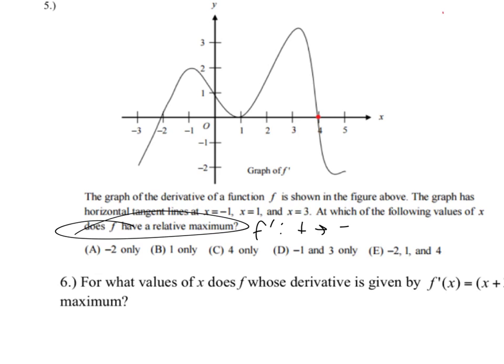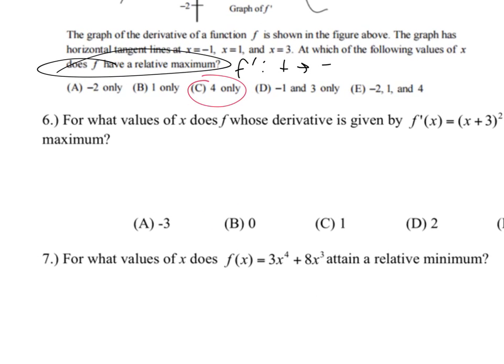So here's the place where I go from above the x-axis to below the x-axis. Now I know that on this graph it doesn't look exactly like it is at 4, but that's 4 only. Be careful, they're trying to get you to say -1 and 3. Those are not maximums and minimums because we're looking at a picture of the derivative. Those would be points of inflection, something that we'll look at in a second.